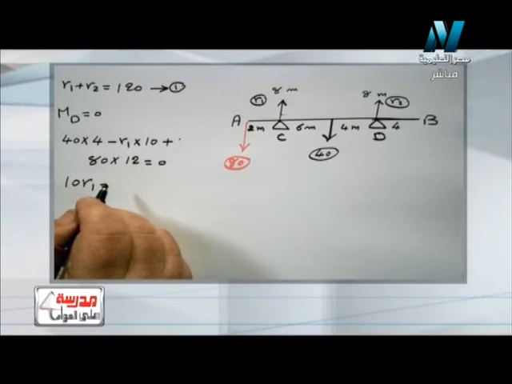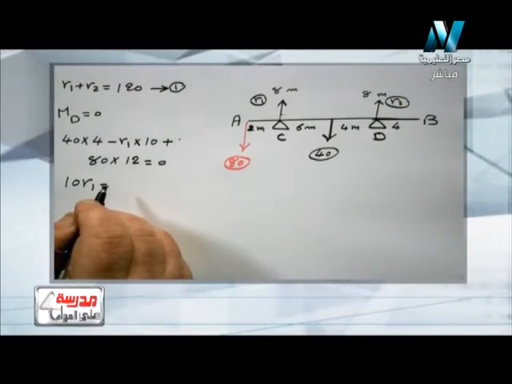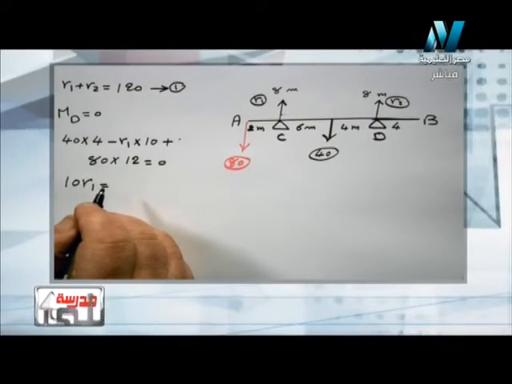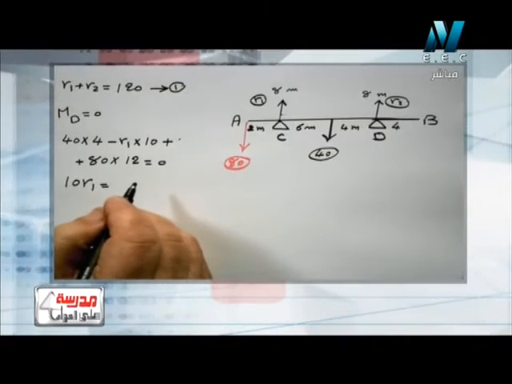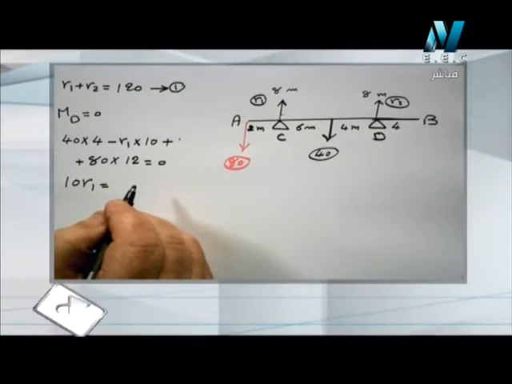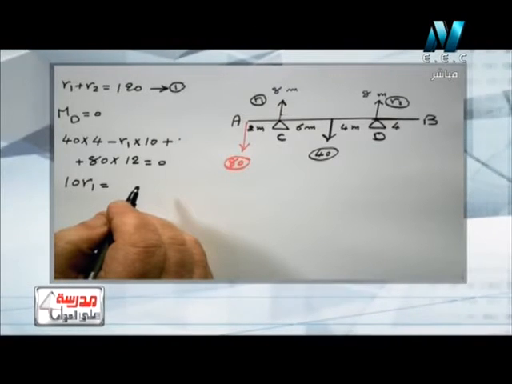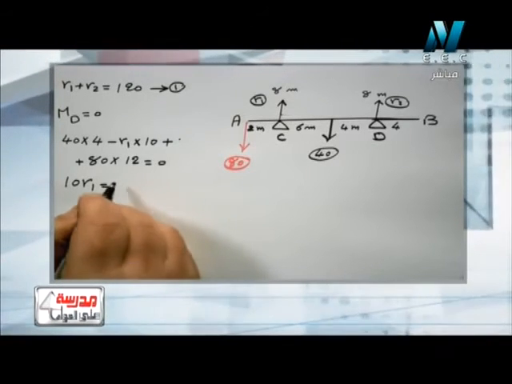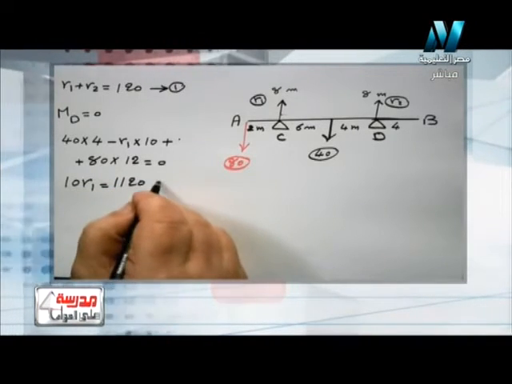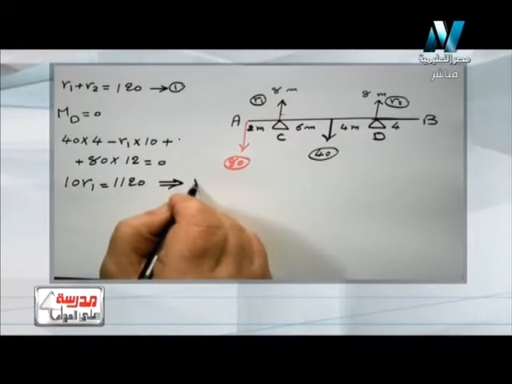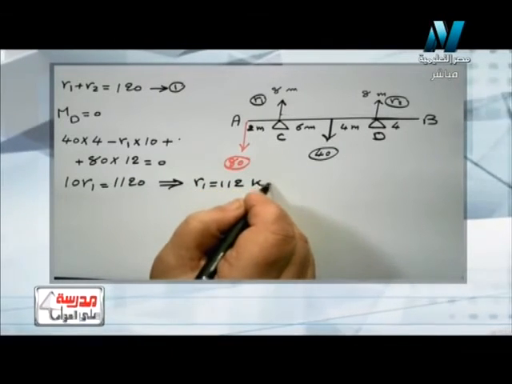40 by 4 minus plus 80 by 12 plus 80 by 12 يبقى تطلع 1120 divided 10 يبقى R1 112 كيلو جرام ويت.